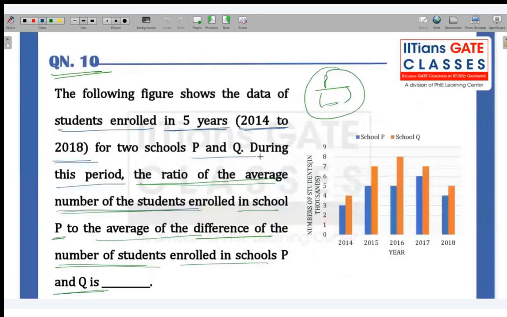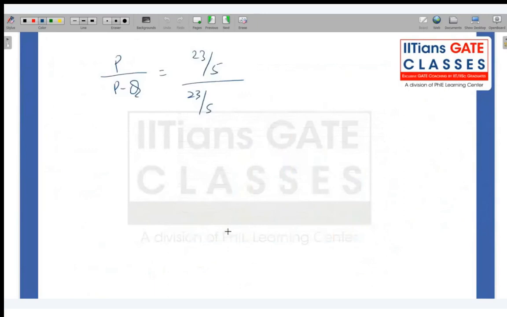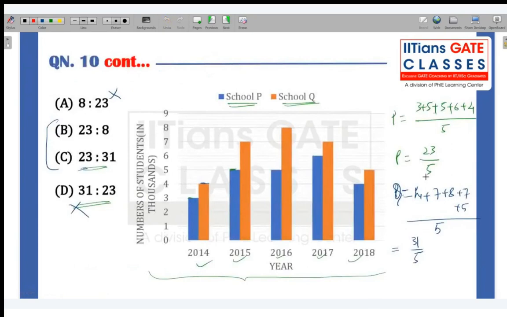The average of the difference of the students enrolled in P and Q. So you have to find the difference. What is the difference of the averages between the two? That is 31 and 23. What is the difference? 8 is the difference.